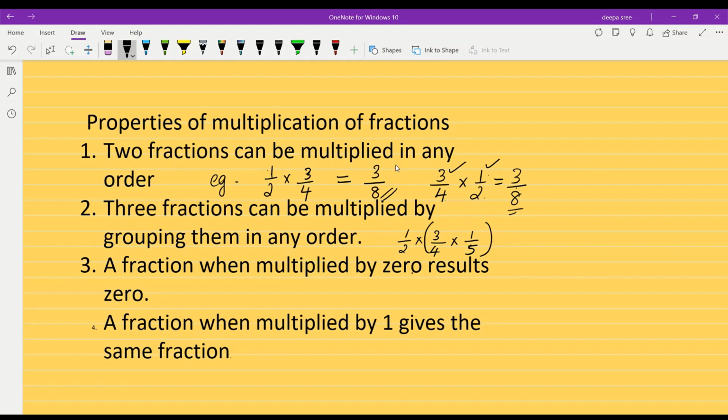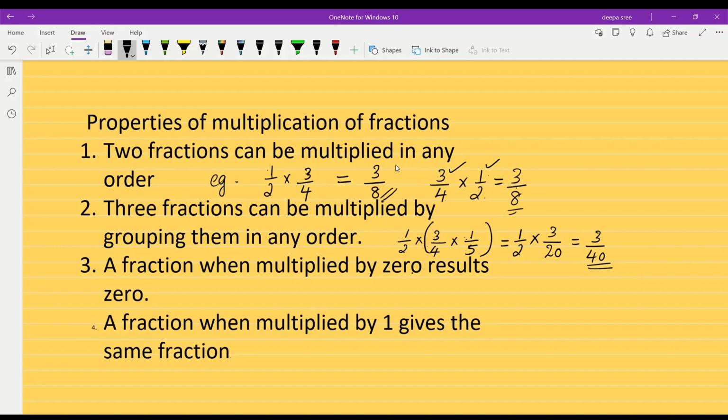I am grouping the last two fractions. Then multiplying 1 by 2 into the bracket, whatever is there, we can multiply those two fractions. 3 into 1, 3. 4 into 5, 20. Now we can multiply the resulting fraction, 1 into 3, 3 numerator, 20 into 2, 40. We got 3 by 40 as the answer.